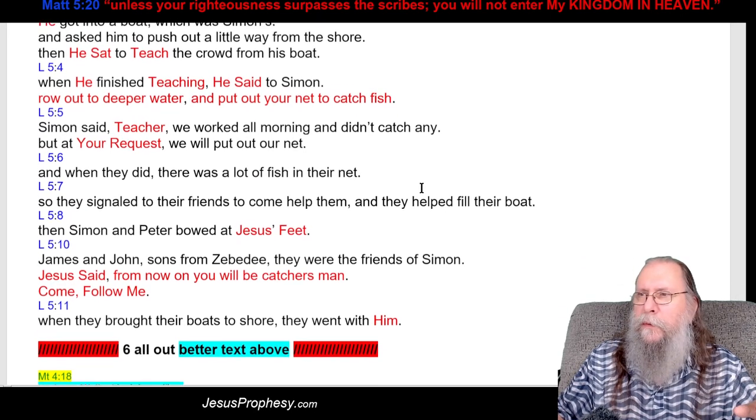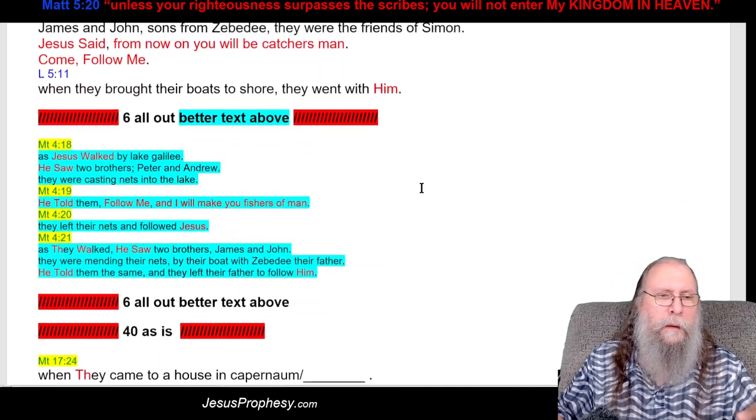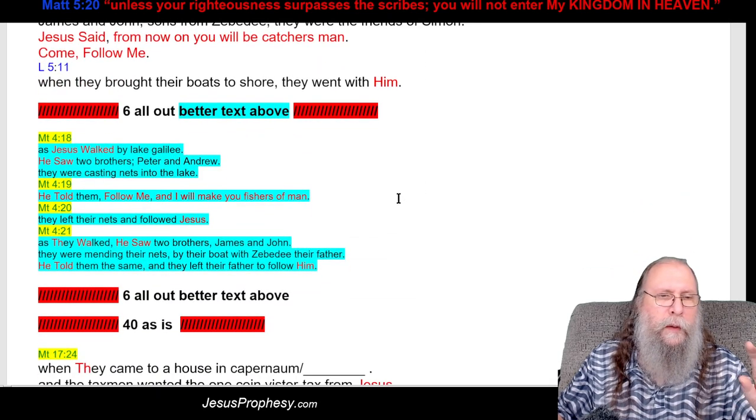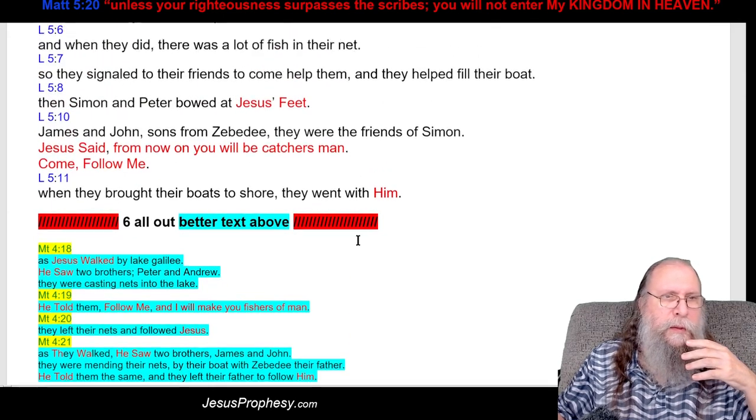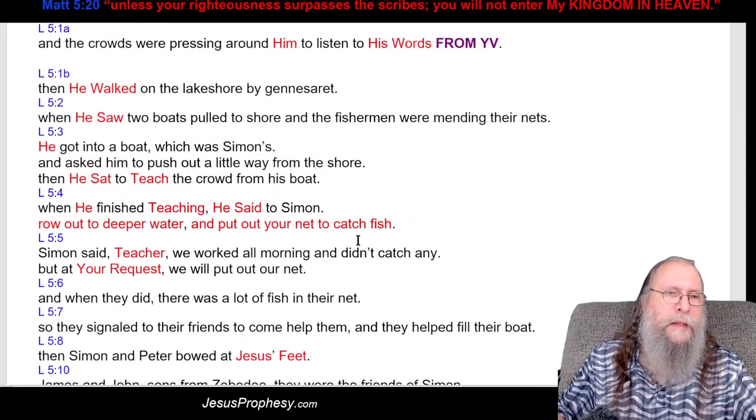I didn't put them in there because I didn't want to mess the text up.